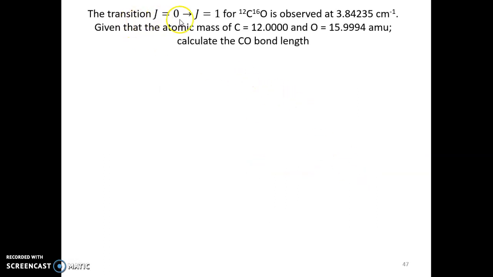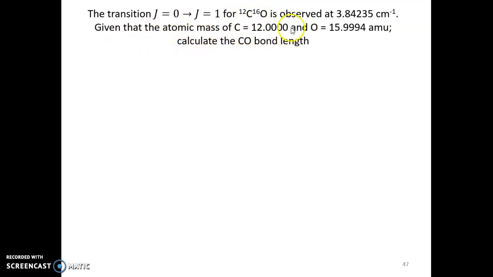The transition J equals 0 to J equals 1 for carbon monoxide is observed at 3.84235 wave numbers. Note that it's very specific, carbon 12 and oxygen 16. That's because isotope effects affect the rotational spectra greatly.